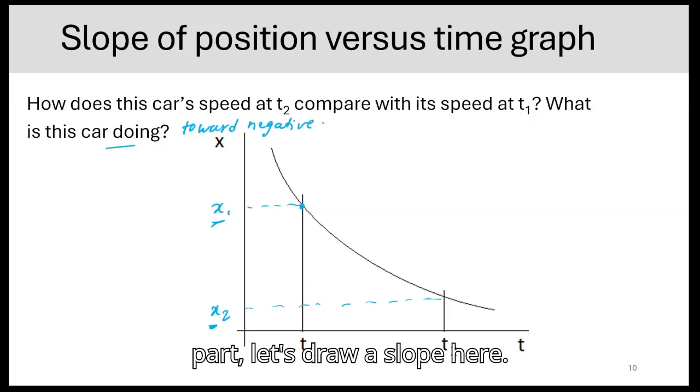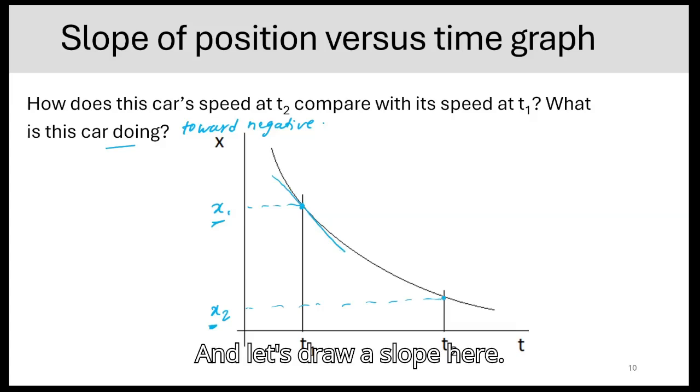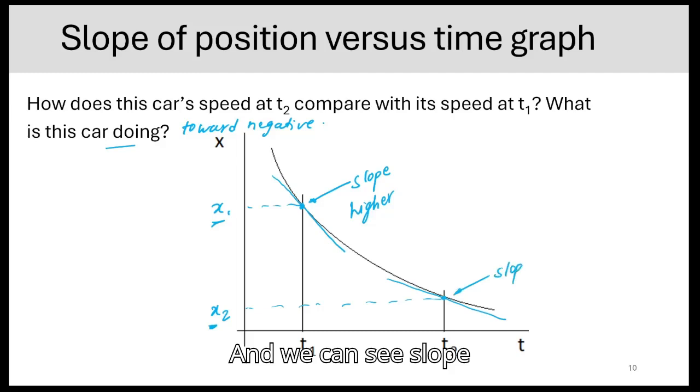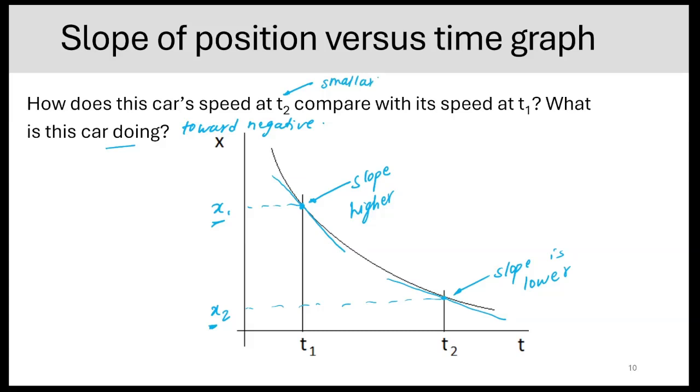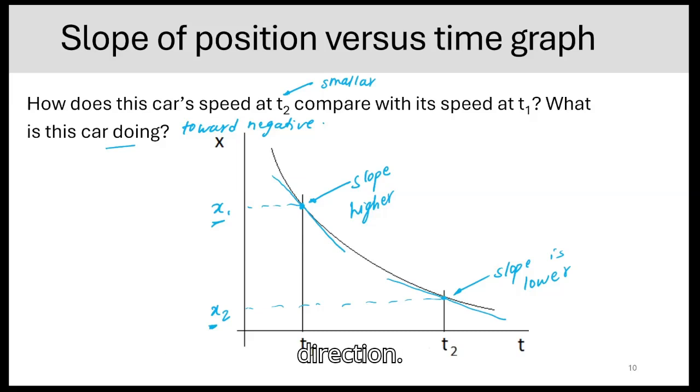And for the first part, let's draw a slope here, and let's draw a slope here. We can see slope is higher, and we can see slope is lower. So the velocity of the car at t2 is smaller than velocity at t1, and the car is moving in negative direction.